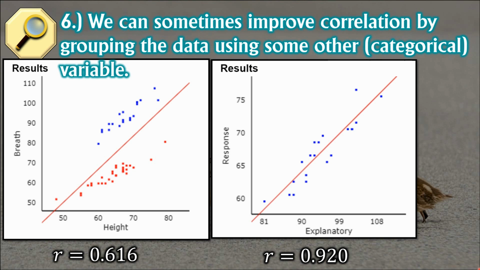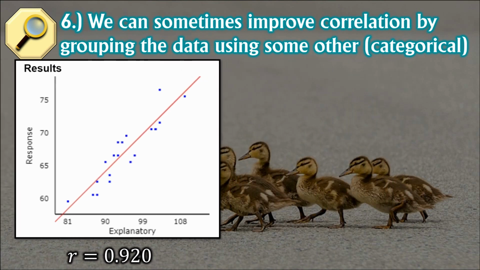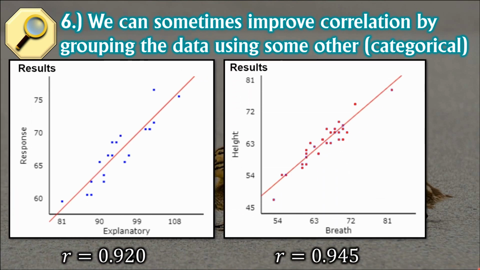Looking at the data as a whole, I could see some correlation, but there's an even stronger correlation if I just look at them one group at a time. I might be able to glean even more correlation. And hey, the more information, the better, right? The stronger the correlation, the better I'm going to be at predicting the future, at doing that extrapolation and interpolation.